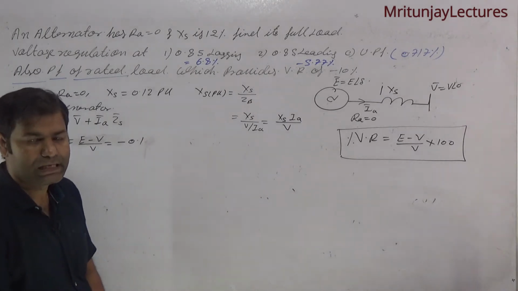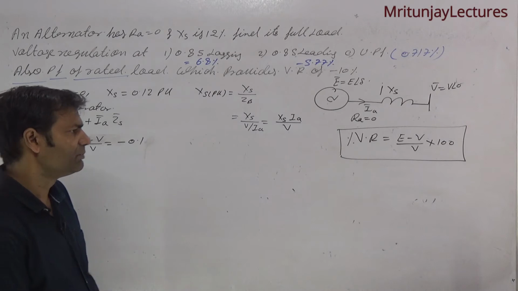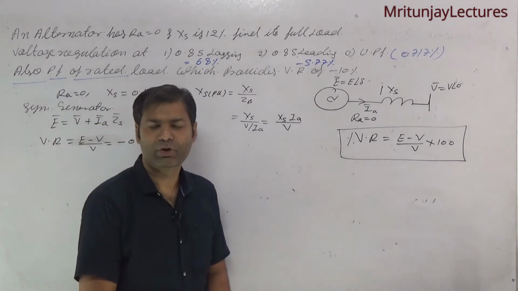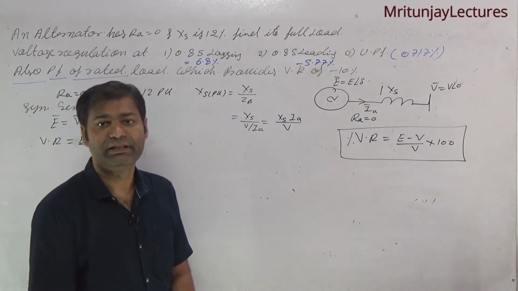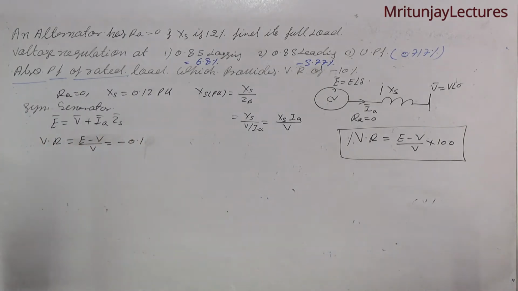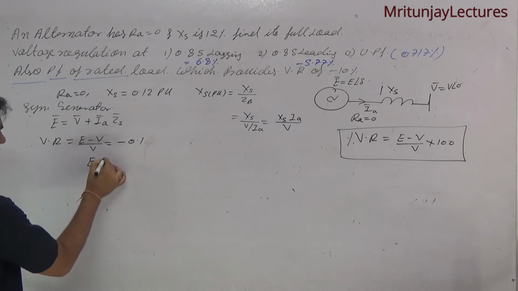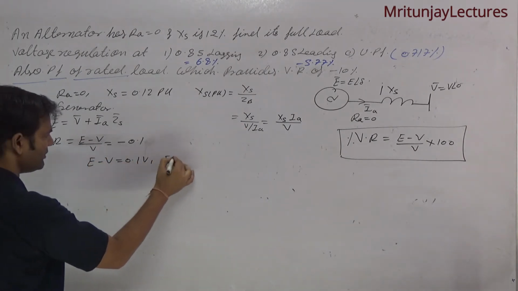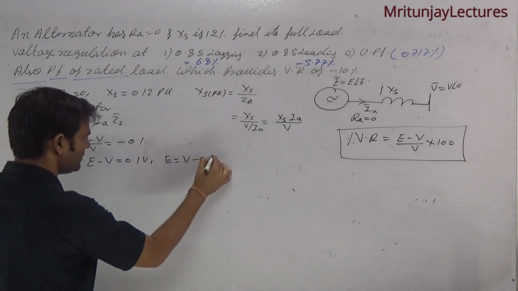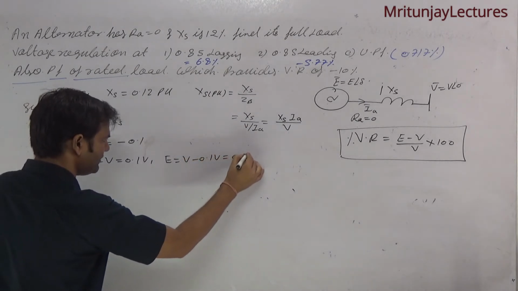Okay. Voltage regulation is negative only in case of leading power factor, when the receiving voltage is greater than the sending voltage. Check here, E minus V equals minus 0.1 V. So what about E? V minus 0.1 V, that is 0.9 V.